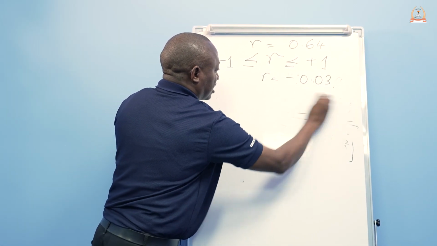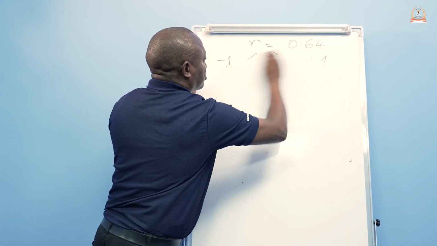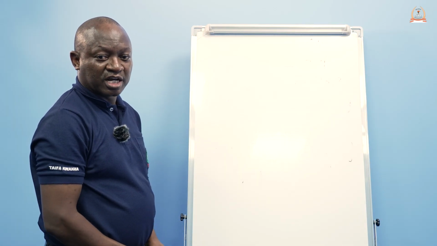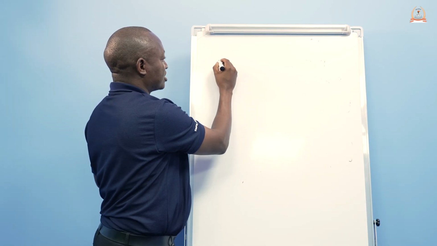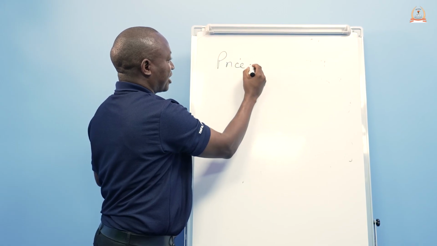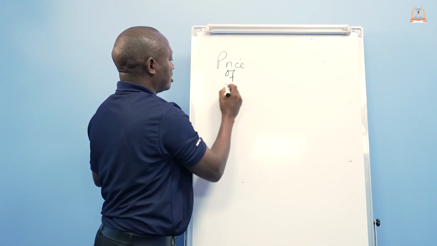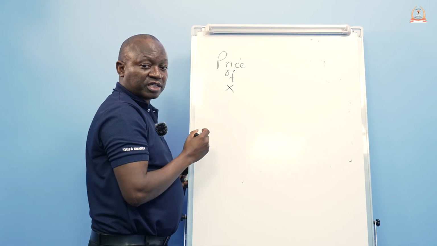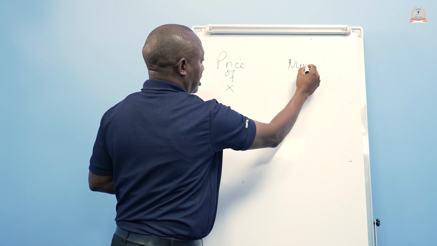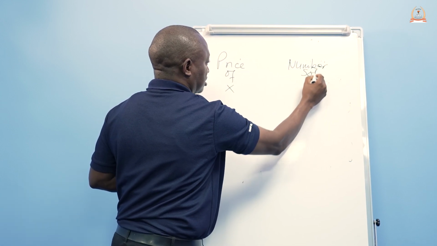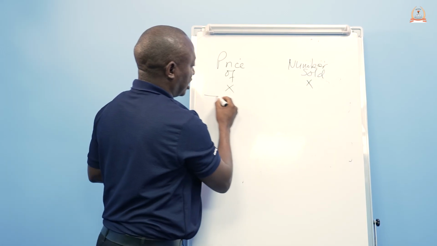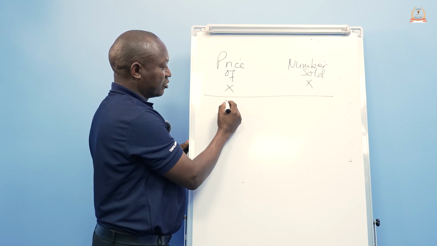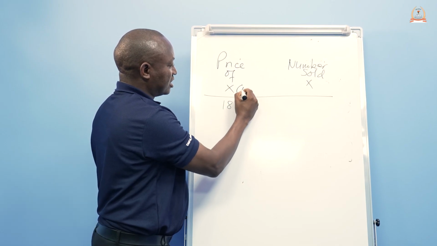So if, for example, you have data like this, say the price of goodie X, and then the number sold of goodie X. Say the price is 18,000.